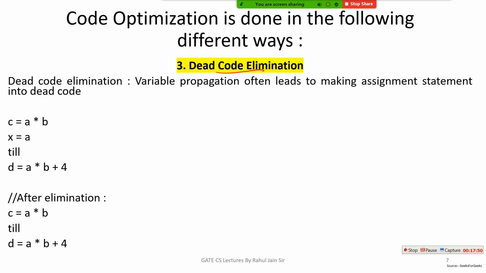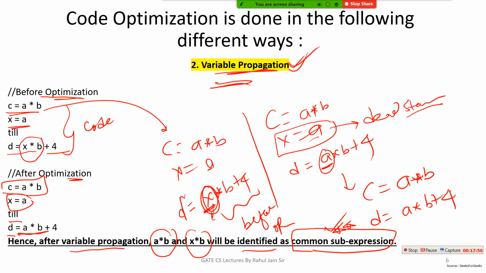Dead code elimination is nothing but this: variable propagation often leads to making an assignment statement into dead code. This is our assignment statement, isn't it? Because we are assigning the value of a to x. In place of this x, we have put a directly.